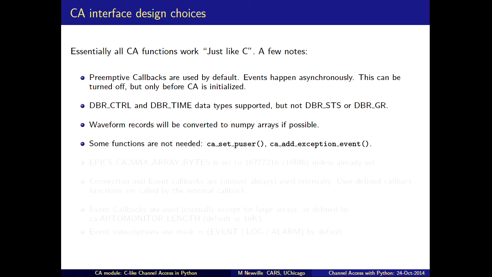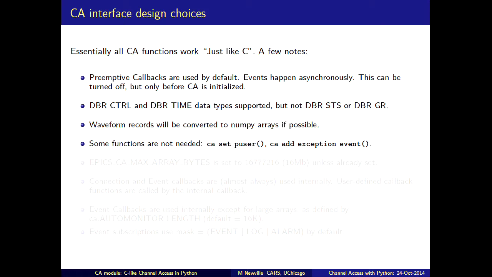OK, so there are a few things that are different from the channel access library working just like C. There's a few small things. One is that preemptive callback, so events happening asynchronously, is on by default. You can turn this off so that you have to explicitly poll for events to happen, but I don't recommend that.